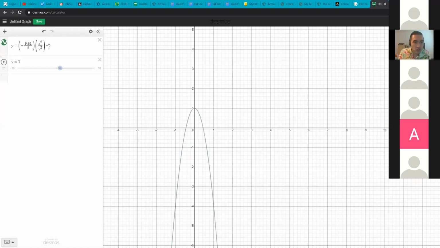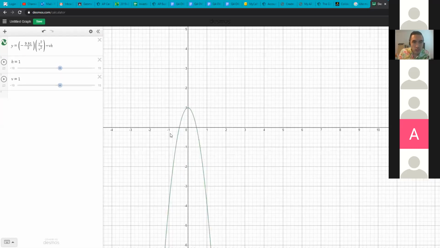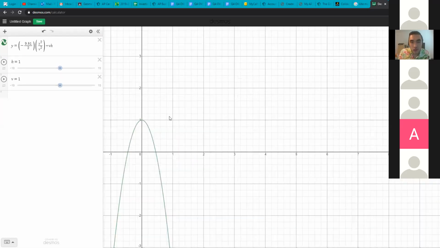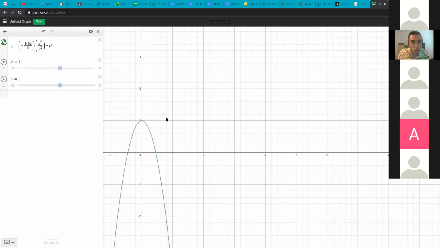This equation, let me edit it. This equation is a good look at exactly how the ball will, I'm sorry, that shouldn't be there.